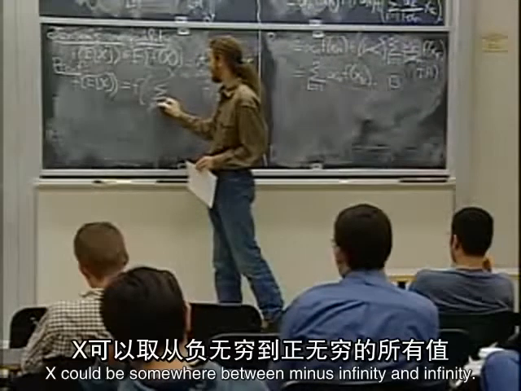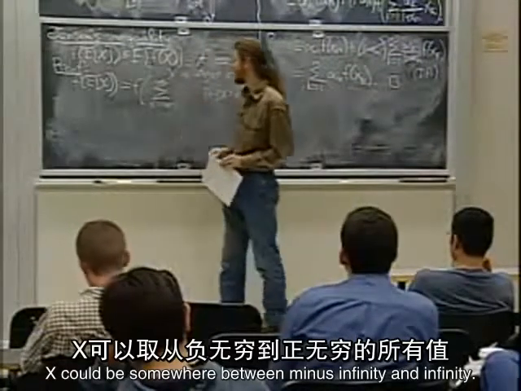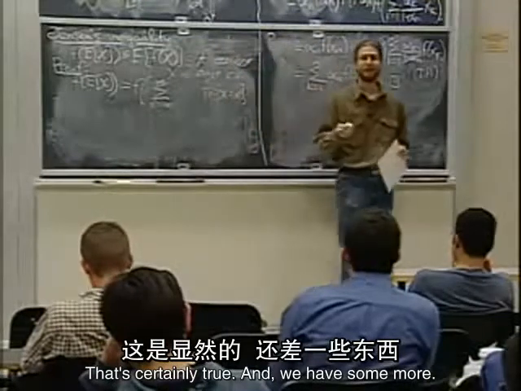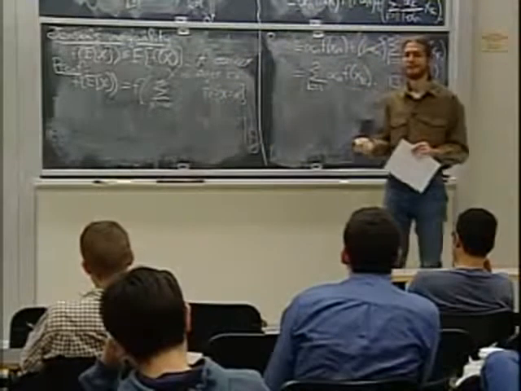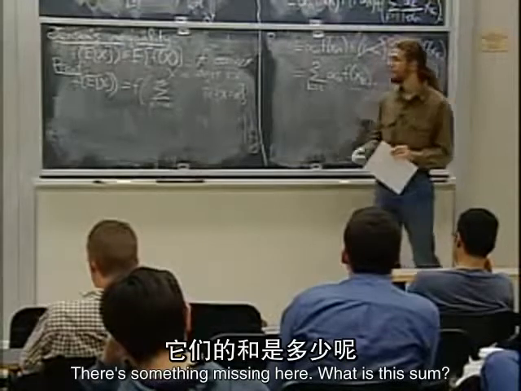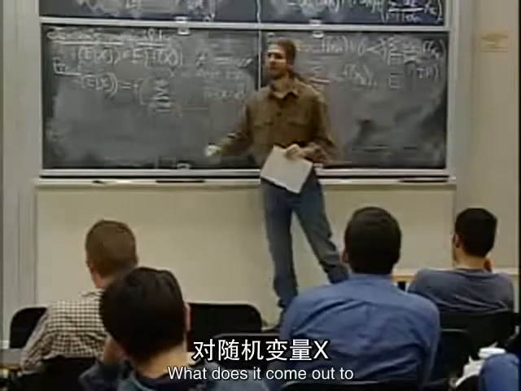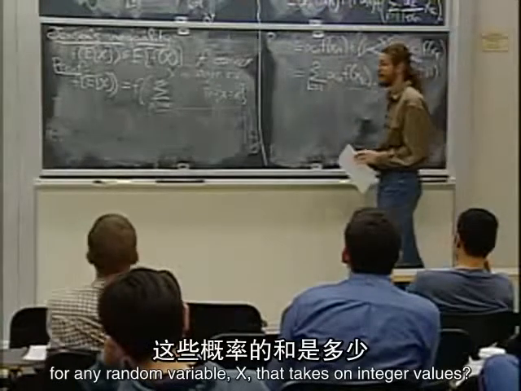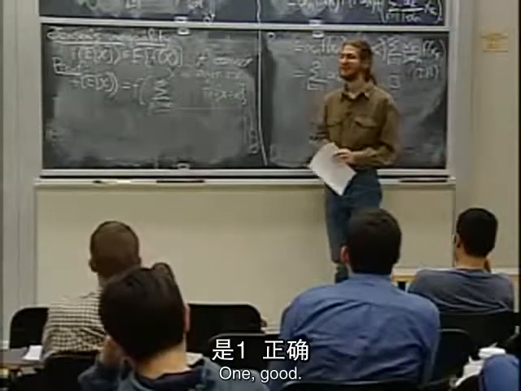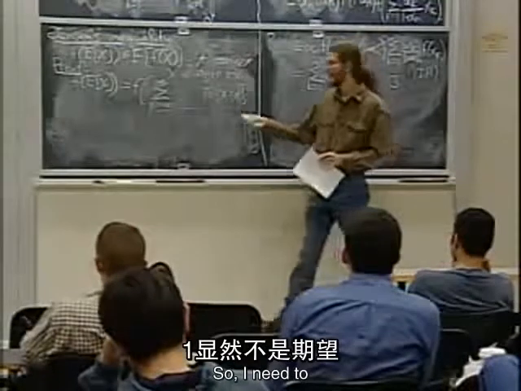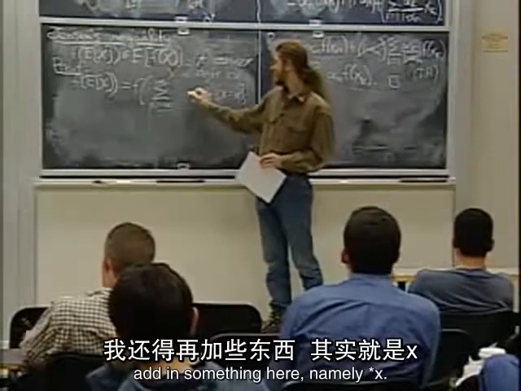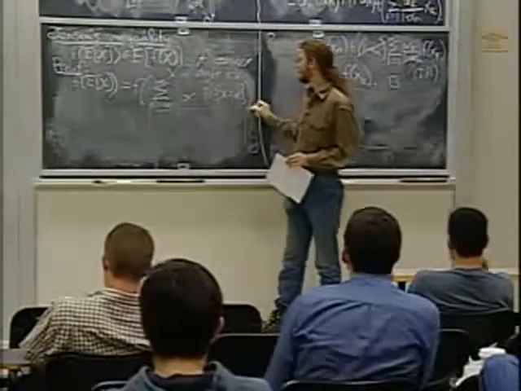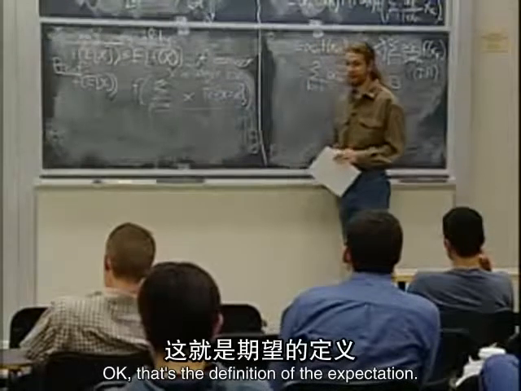Sum, well, x could be somewhere between minus infinity and infinity. That's certainly true. And you have some more? Something missing here. What does this sum come out to, for any random variable x that takes on integer values? 1, good. So I need to add in something here, namely x.